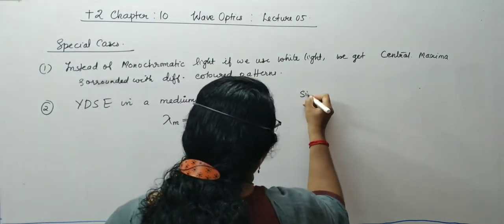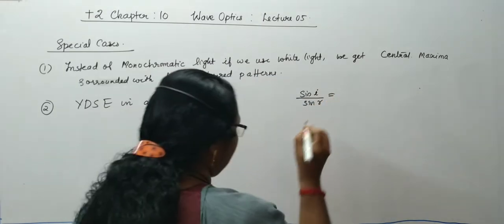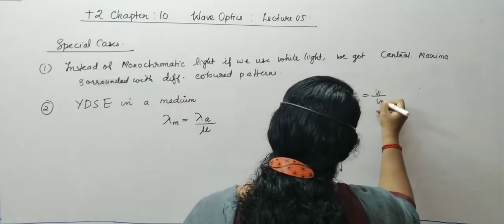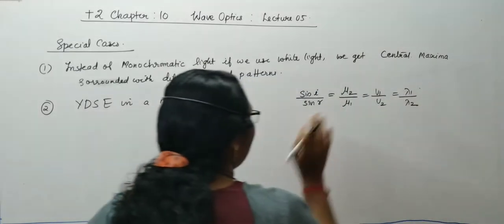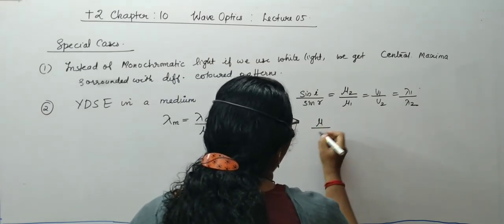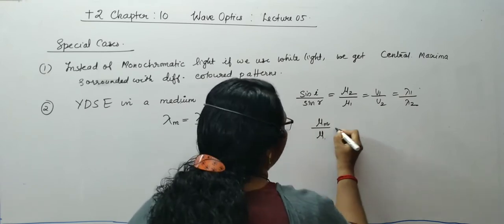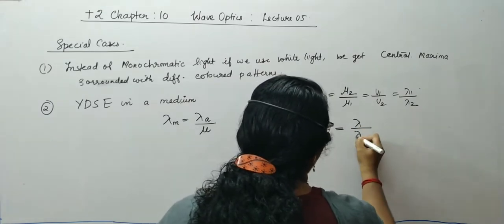From Snell's law, sin i by sin r is equal to mu2 by mu1, which is equal to v1 by v2, which is equal to lambda 1 by lambda 2. If the first medium is air, we can write mu in medium by mu in air is equal to lambda in air by lambda in medium.